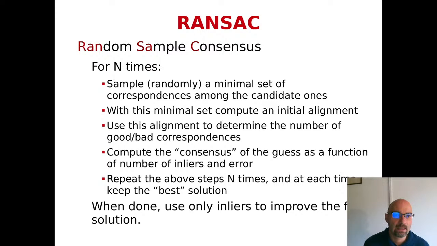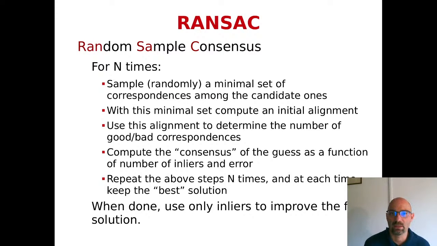Clearly, am I guaranteed that it will work? No, I'm not. There's some randomness in here. As a consequence, the probability of success of RANSAC will be dominated by some factors. One factor is clearly the number of inliers, or the number of good correspondences that you have in the initial set.